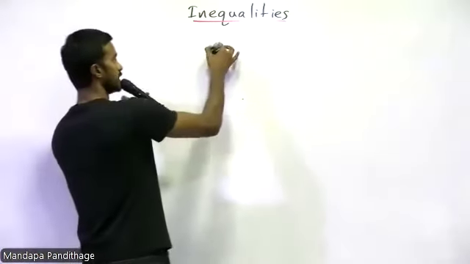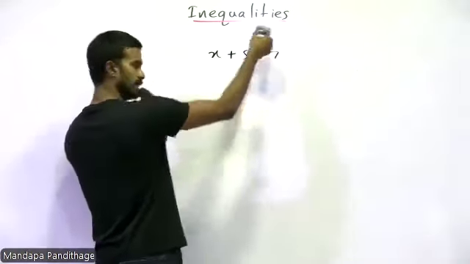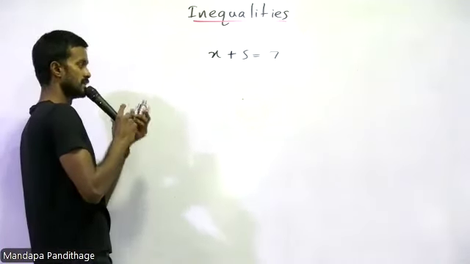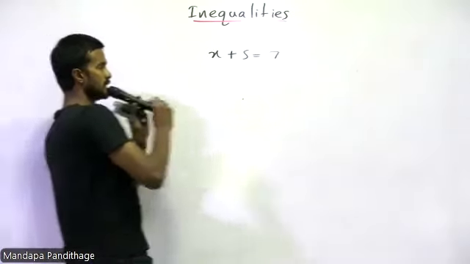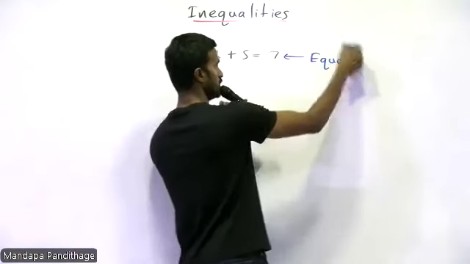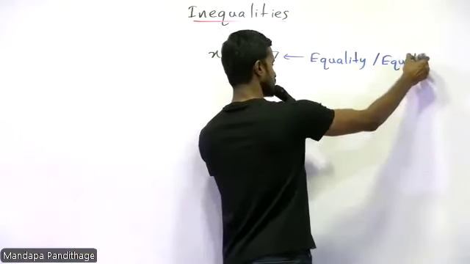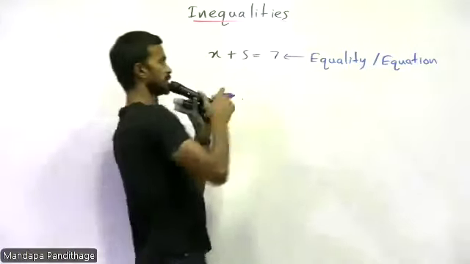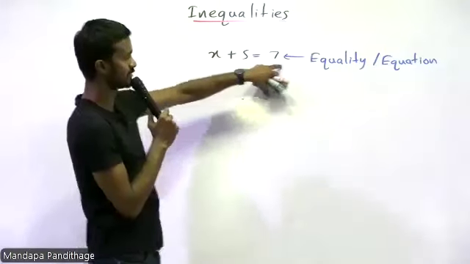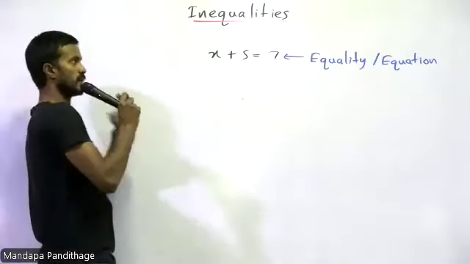If a mathematical expression is connected with an equal mark, we say that is an equality or equation. This is the opposite of inequality. So if a mathematical expression is connected with an equal mark, we call it an equality.